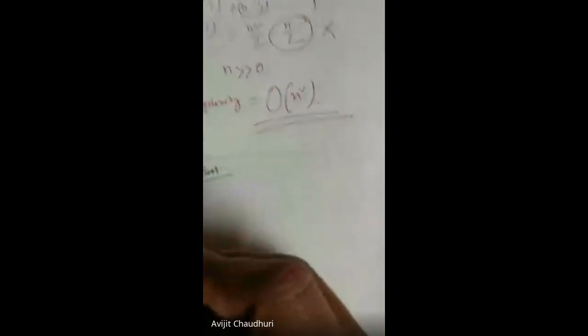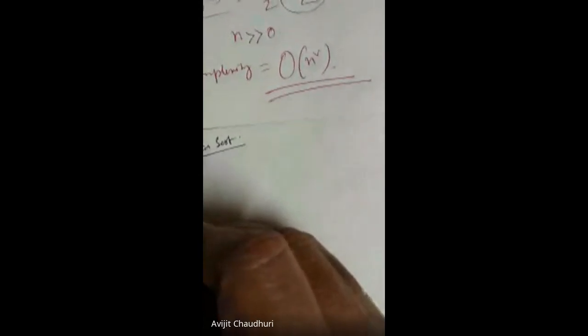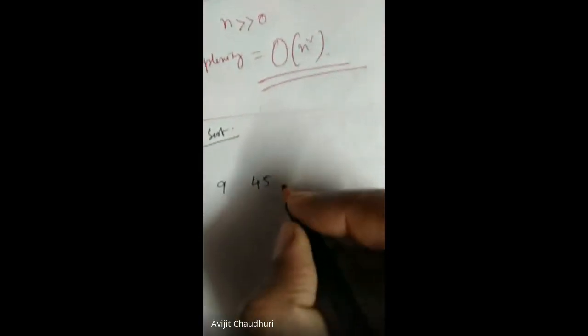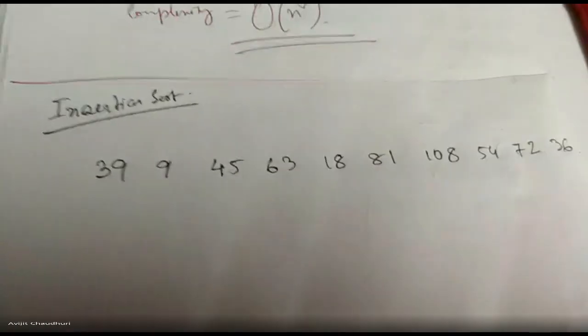So again the same, suppose the same items are there: 39, 9, 45, 63, 18, 81, 108, 54, 72, 36. We have these items.